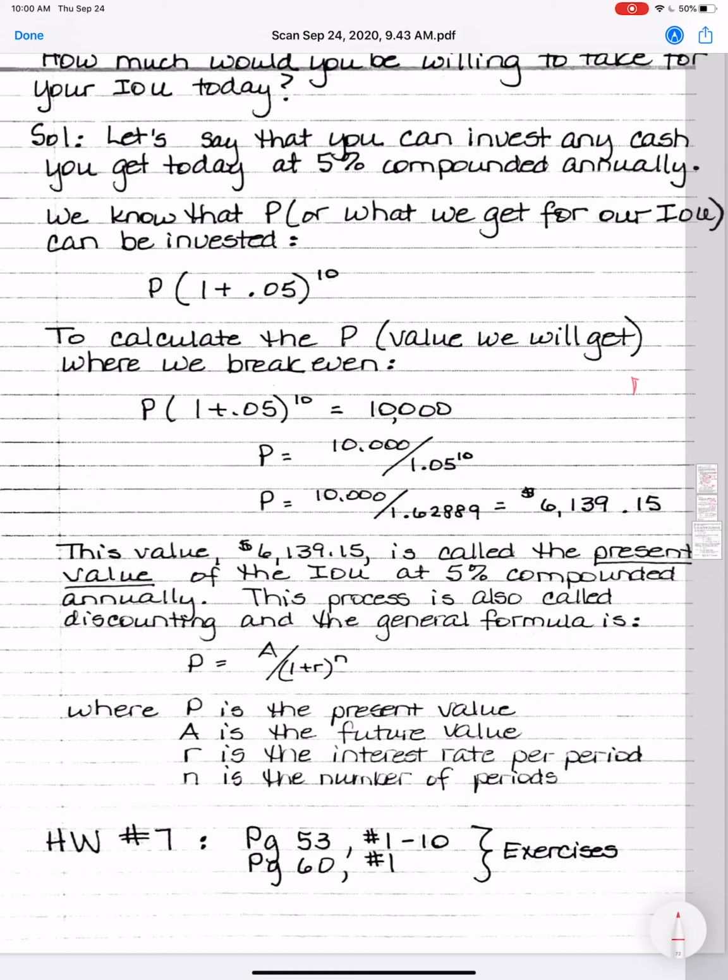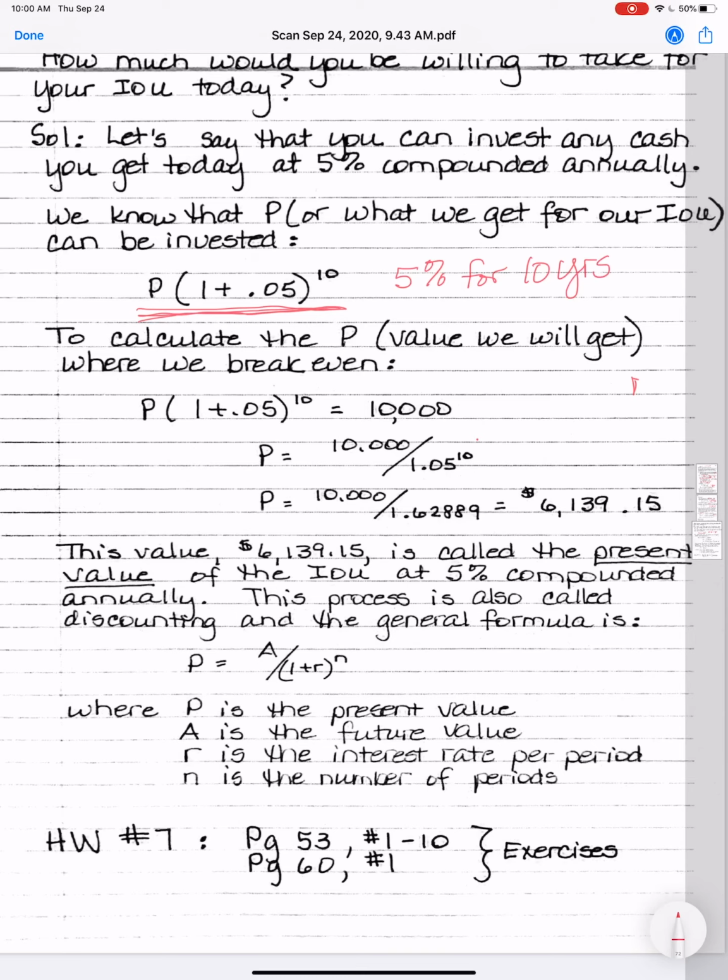So if you take your P and multiply it by (1 plus r) to the n, at 5% for 10 years, then we can calculate our P.